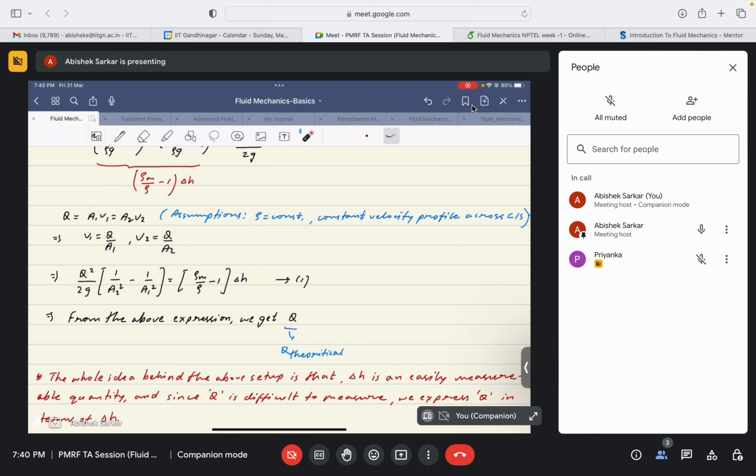Yes, sir. This is higher because of the viscous losses. In the actual case, this would be higher because of the viscous losses.